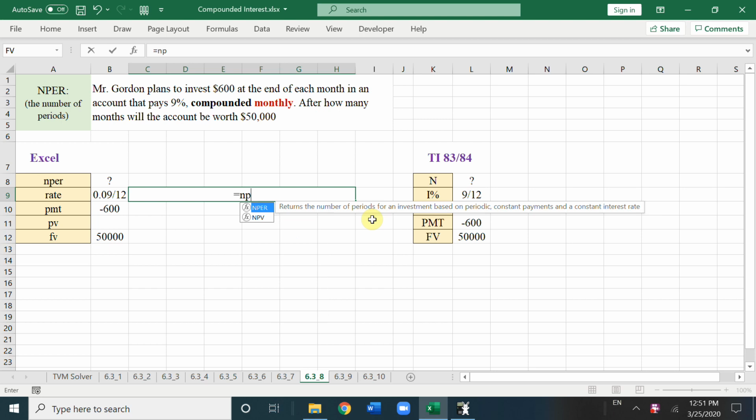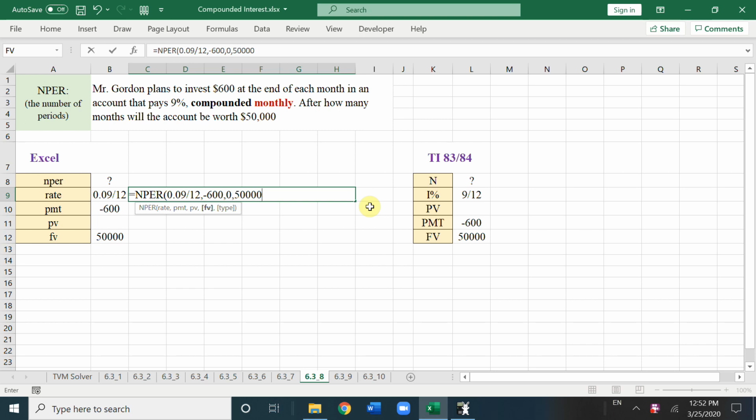Equals NPER, rate is 0.09 divided by 12. Payment is negative 600. PV is not given, so we input 0. FV is 50,000. And the default is end, here the end of each month. So hit enter. So rounding, it is 65 months.